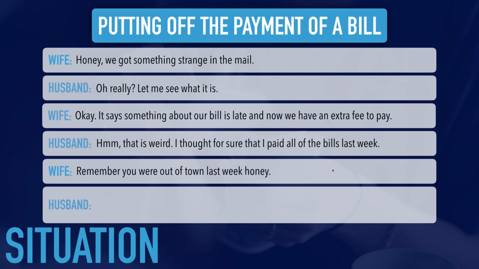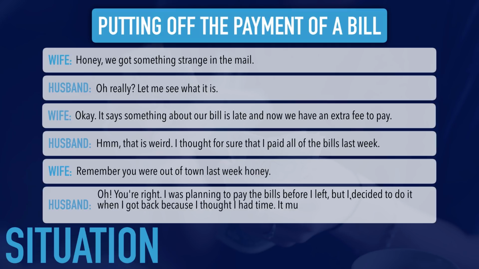The wife, remember you were out of town last week, honey. Husband, oh, you're right. I was planning to pay the bills before I left, but I decided to do it when I got back because I thought I had time. Man, it must have slipped my mind when I got back.